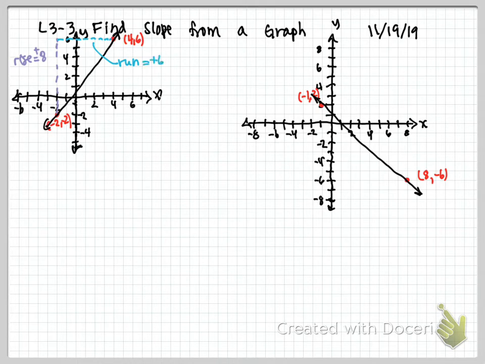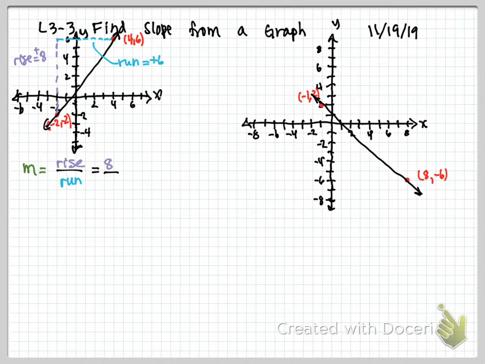It's also a positive. So if I want to figure out my slope, we're going to have rise over run. We're just going to substitute those numbers in. So our rise was 8, and our run was 6.